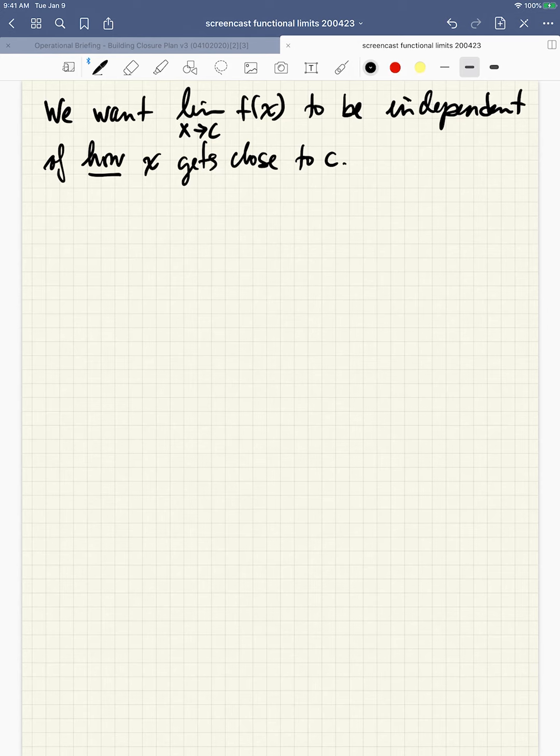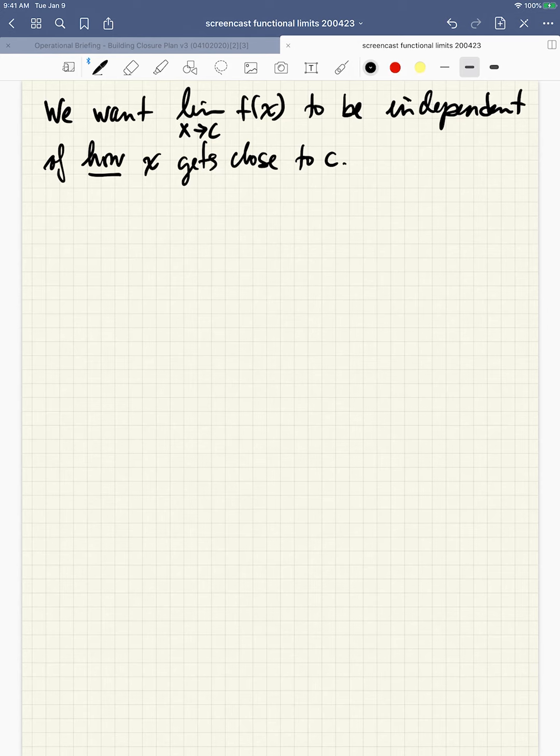Then that function value is going to be inside the epsilon neighborhood of L. Geometrically, this is what this definition means. As x gets close to c, f of x gets close to L.